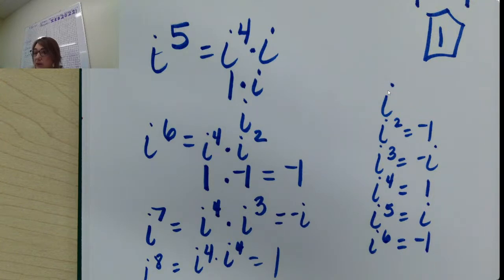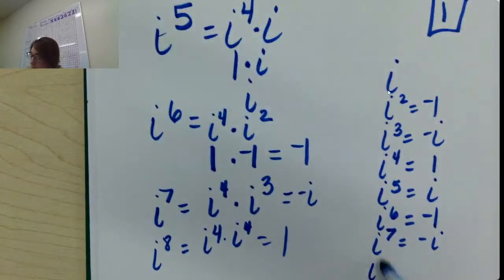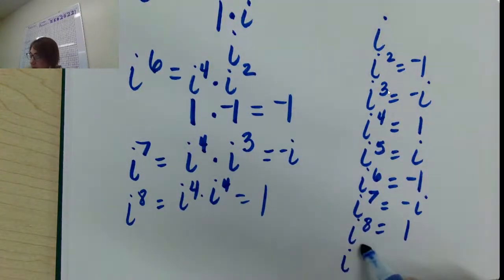This looks too much like computer code. I to the seventh power is -I. I to the eighth power is 1, right? What would I to the ninth power be? Now let's make it easy.